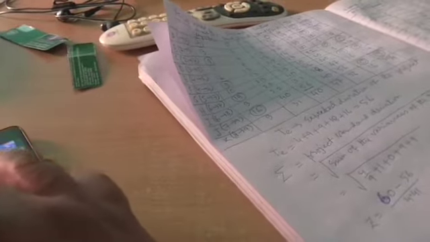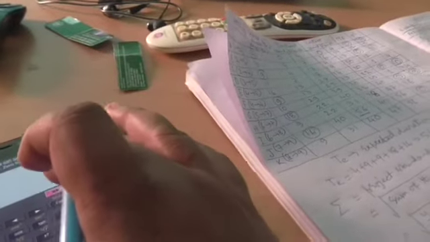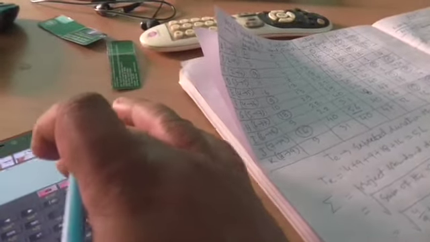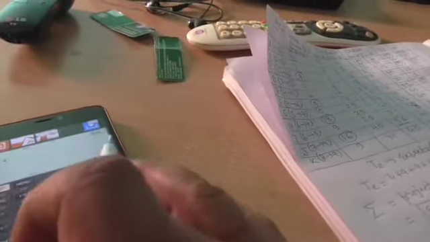So 4 divided by 4.41, the value of Z comes to approximately 0.907.